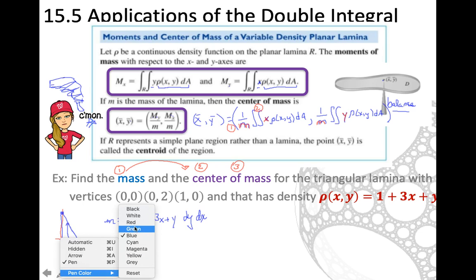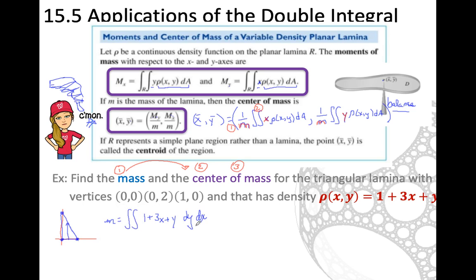That means my x limits of integration on the outside are 0 and 1. My y on the inside goes from y equals 0 to what? 2 is my y-intercept, and then my slope is -2.